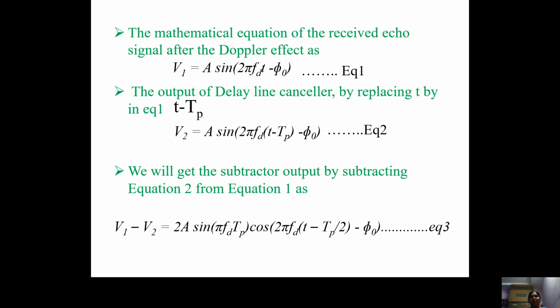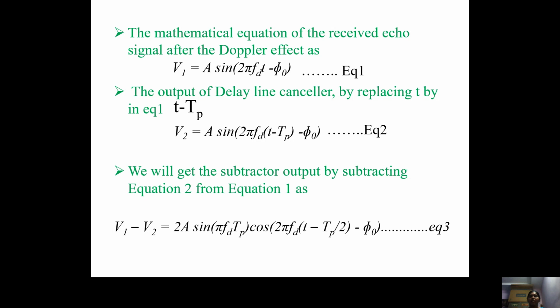Previously, in the conventional continuous wave radars and MTI radars, we had seen the butterfly effect, which is the indication of the presence of moving targets. But the butterfly effect alone is not sufficient to detect the moving targets.